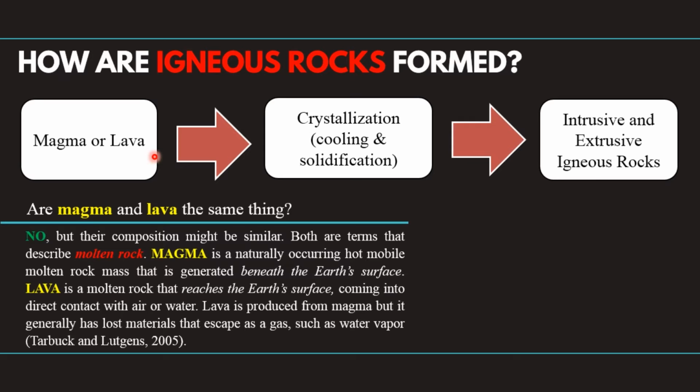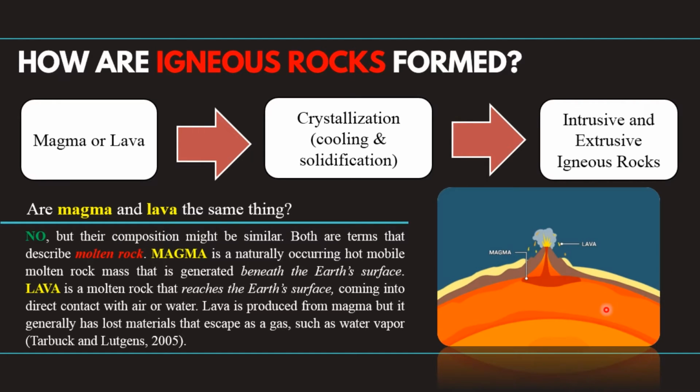Magma and lava are both molten rocks. They might be similar in terms of their composition, but they differ in terms of their location. Magma is the molten rock that is generated beneath the Earth's surface, while lava is the molten rock that reaches the Earth's surface.